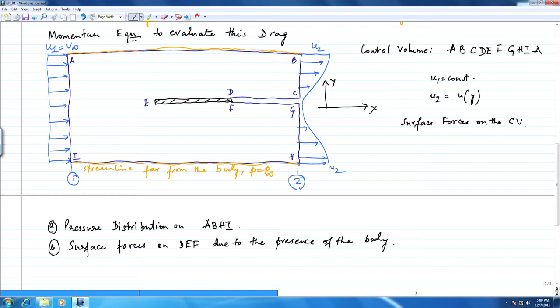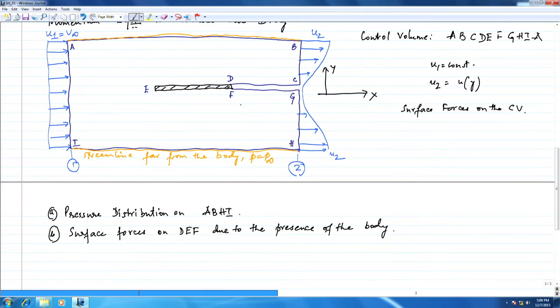And DEF is that part of the same control volume which is running like a thin skin on top of the flat plate, wrapping it. Now, what do we need to note here? Let us write this here. What is our note?